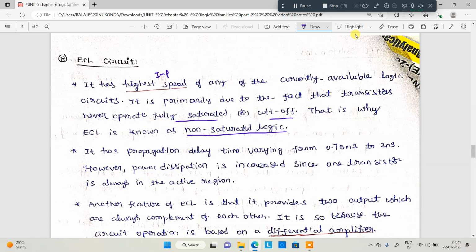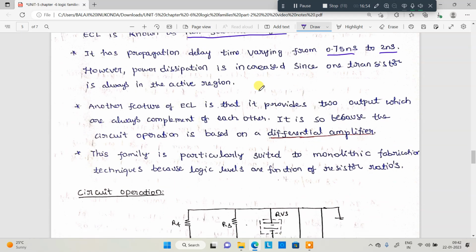That means the transistor is not operated in saturation or in cutoff; we operate it in between. The propagation delay varies from 0.9 nanoseconds to 2 nanoseconds. However, the power dissipation is increased since one transistor is always in the active region. So power dissipation is somewhat increased, but the speed is high.